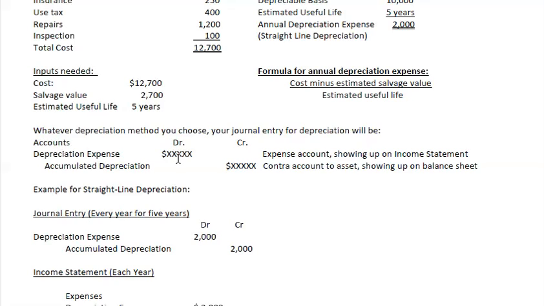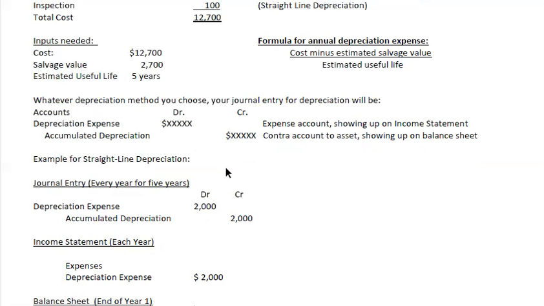And we're going to credit accumulated depreciation. Accumulated depreciation is a contra account, which is subtracted from the asset account because we're going to keep track of the cost of this asset, and we're also going to keep track separately of how much depreciation we've taken. The difference between those two numbers is called the book value or net book value.